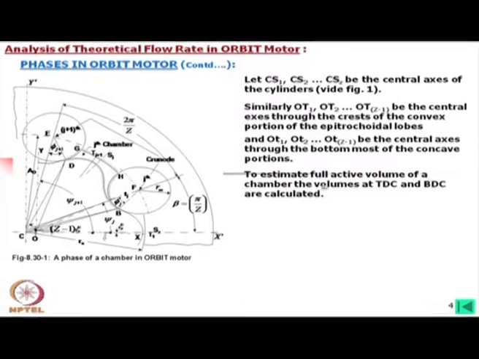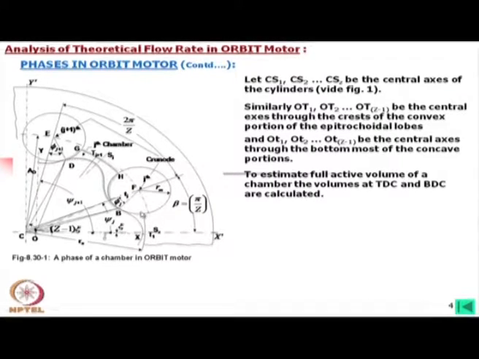To estimate the full active volume of a chamber, the volumes at top dead center and bottom dead center are calculated. Suppose we would like to find out the volume expansion of a chamber; we calculate the volume at top dead center and bottom dead center. Top dead center means the piston is at the top.